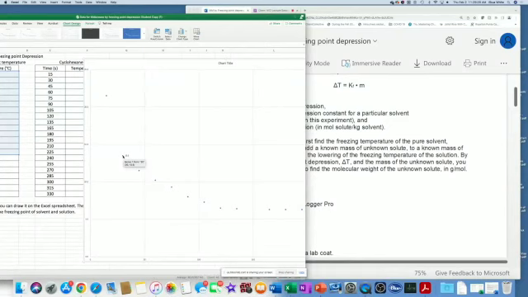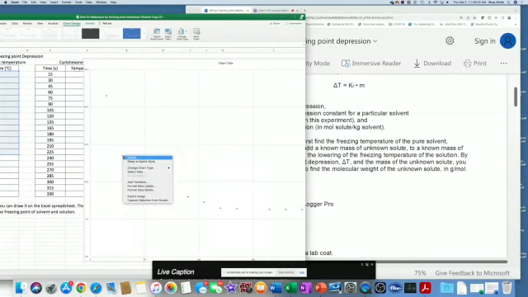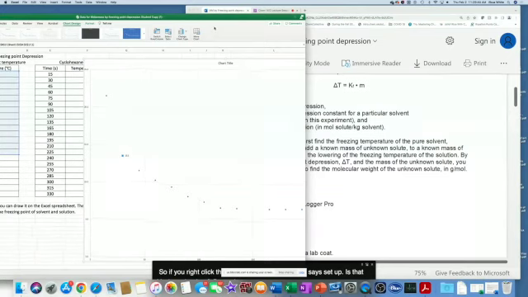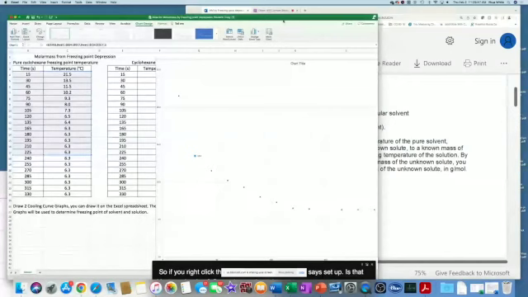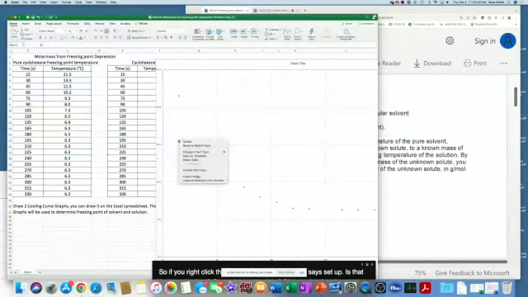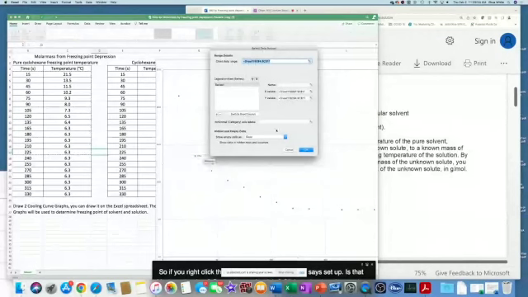So if you right click, there should be something that says setup. Right click on the data or on the table? On the data. Okay, so right here it says reset. Maybe right click on just the graph. Oh, select data. I think this might be it.